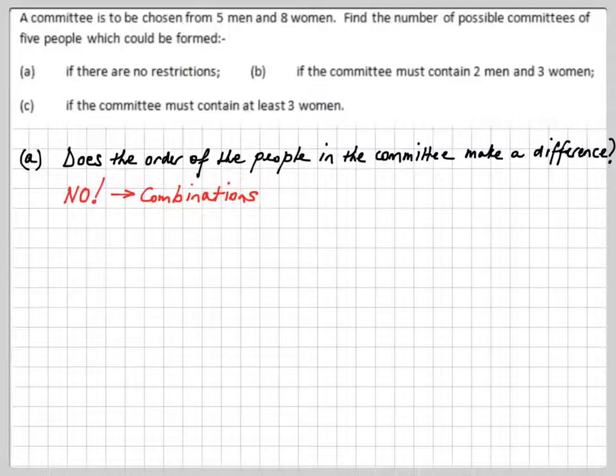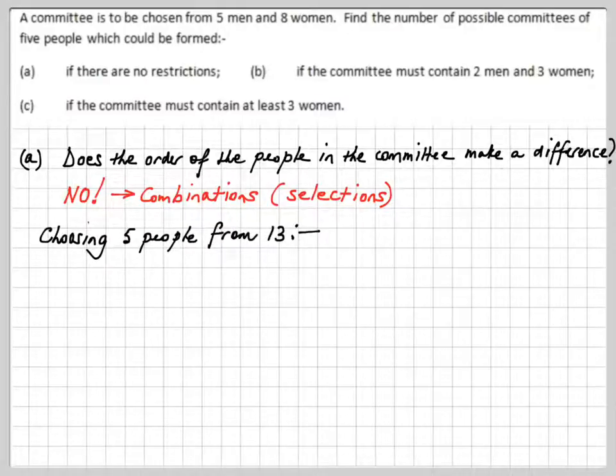Right, now, we have no restrictions. So basically we're picking 5 people from a total of 13. Yeah, I get that. Thank you, Mr. Computer. We're choosing 5 people from 13, and that gets you 13C5. Now, the formula for combinations is different from permutations.